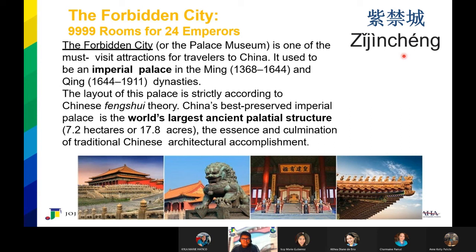Can you read, Miss Gutierrez? The Forbidden City, or the Palace Museum, is one of the most visited attractions for travelers to China. It used to be an imperial palace in the Ming dynasty, 1368 to 1644, and the Qing dynasty, 1644 to 1911.